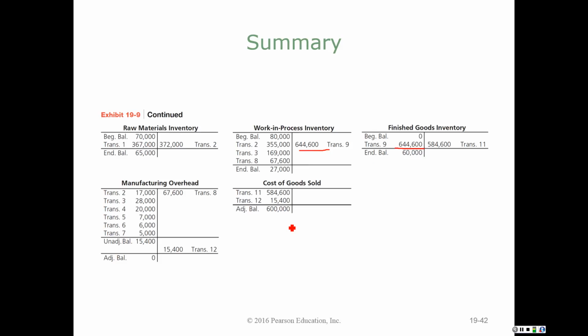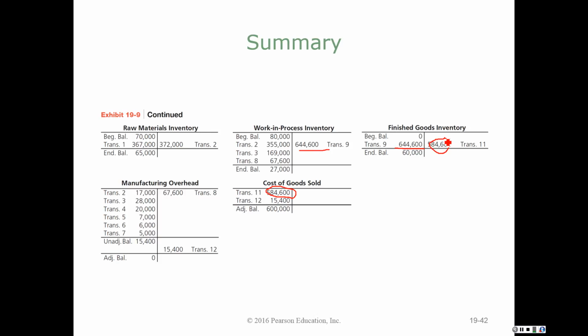Okay, if this is all we have, and I were to give you this illustration and say, what was the total cost of inventory that we sold this year? Well, we can go to cost of goods sold and see that we sold $584,600 worth of merchandise. That's what came out of finished goods inventory, right?